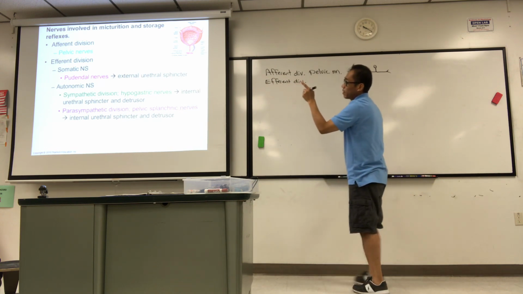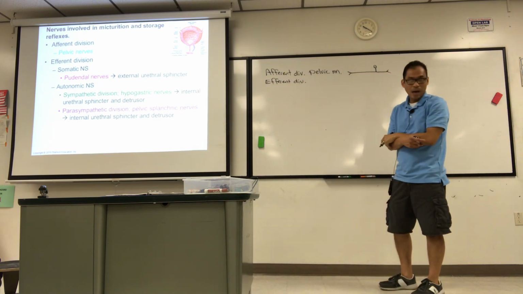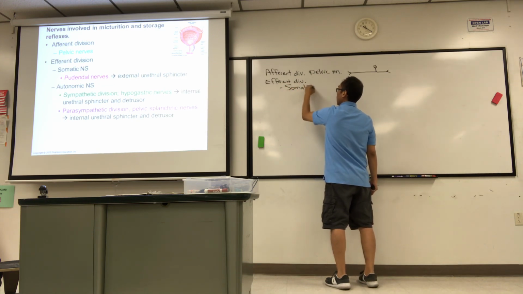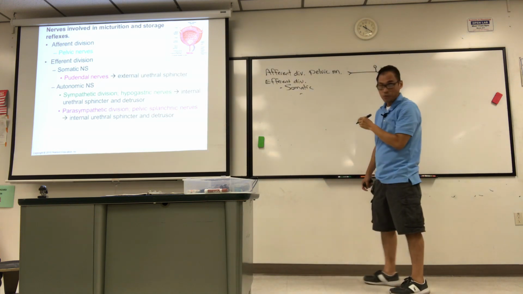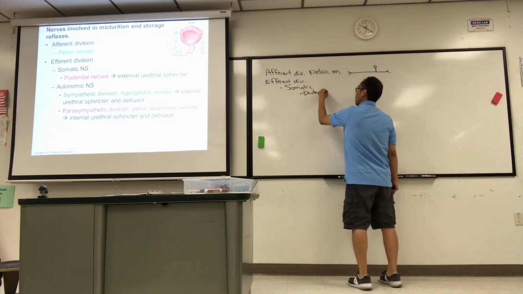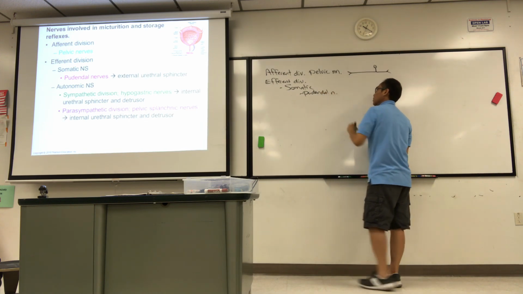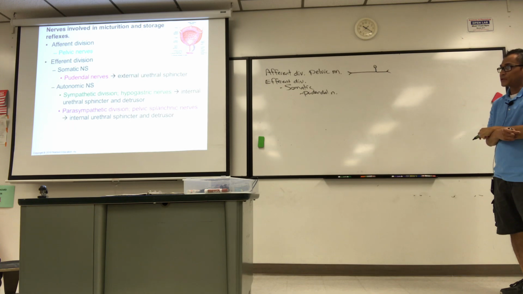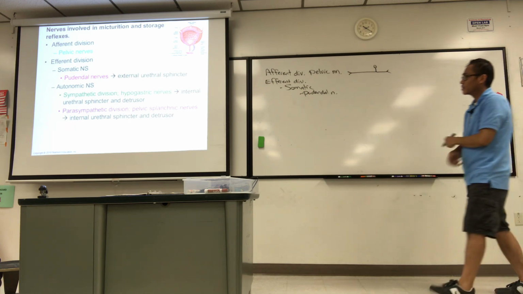And for the efferent division, well, there's somatic and autonomic. So efferent, bullet point, somatic, bullet point. There's the pudendal nerve. Now, I didn't draw the external sphincter on my picture on the board, but I could have.